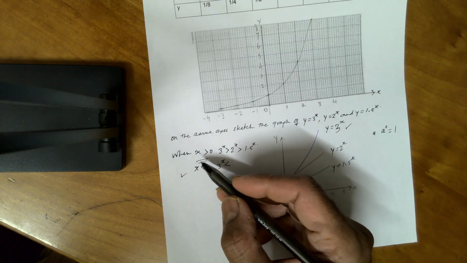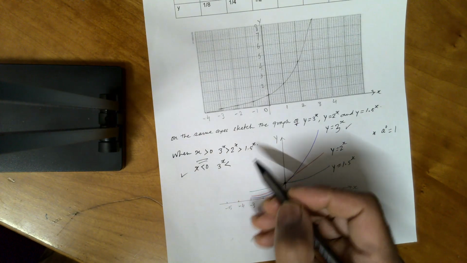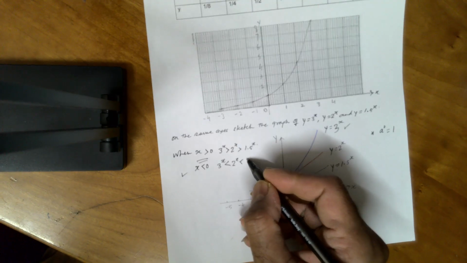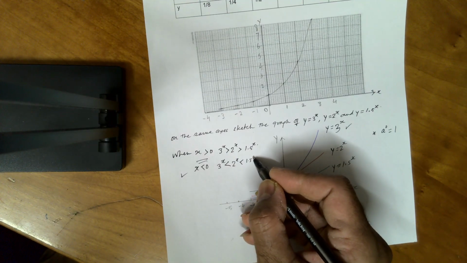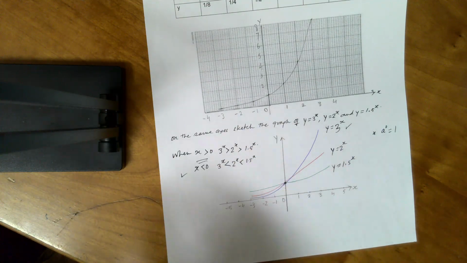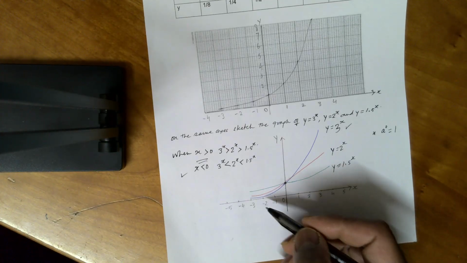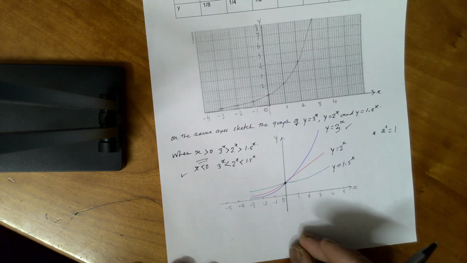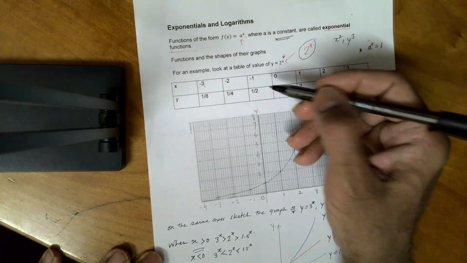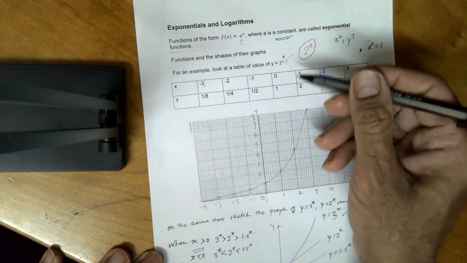So like here, when x was greater than 0, what you got here will just reverse, which means all the values which we had up here are now the other way around. So the graph will go this way. The value is really low compared to when x is greater than 0.